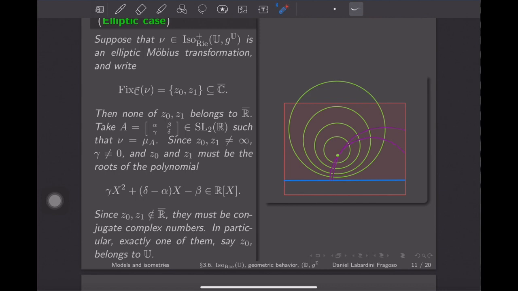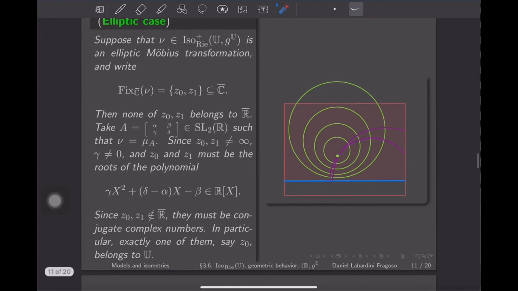Okay, and when I take the orthogonal family, you see the point is that R bar is one Apollonius circle of this one and its conjugate, because it's actually the Euclidean mediatrix. And so the family orthogonal to the Apollonius circles gives shortest curves in U, because they have to be orthogonal to R bar.